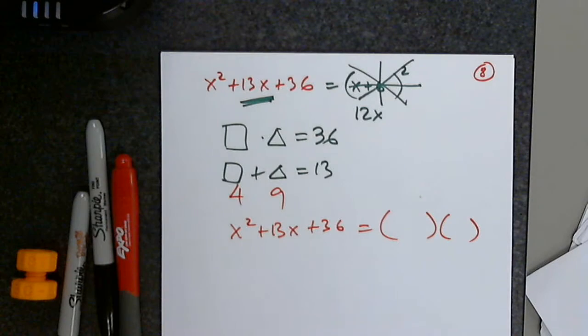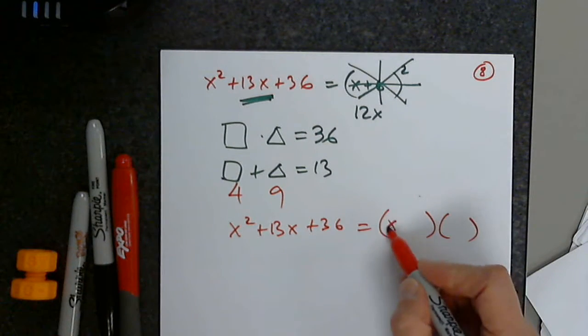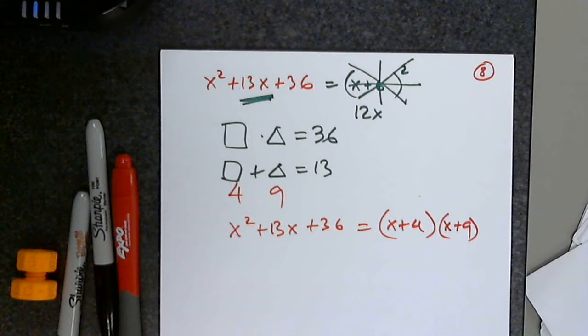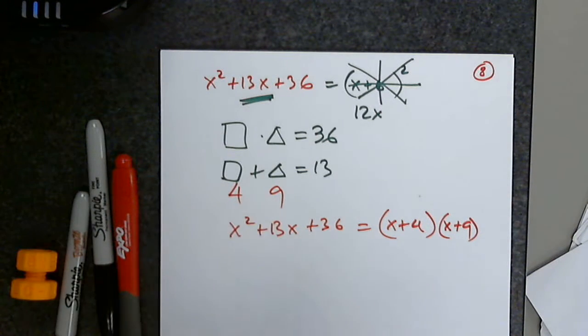What is it? That's it. But this is the right thing to do. Do not skip the special product. You'll make your life so much more difficult if you do, in case it's a special product.